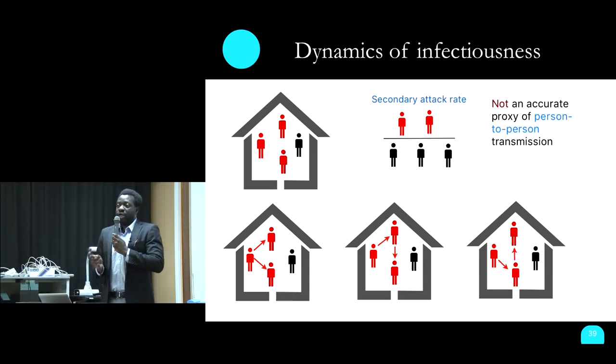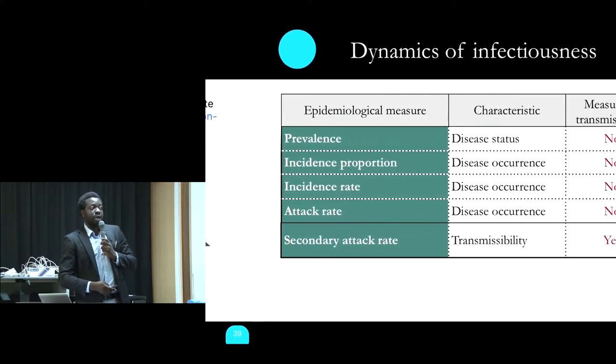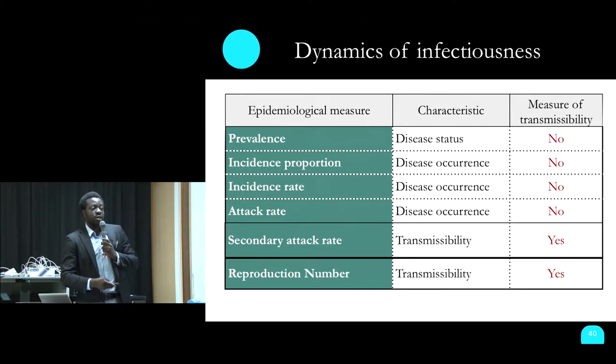So we don't really know exactly how person-to-person transmission happens when we just look at the secondary attack rate. So for person-to-person transmission, the best measure is what we call the reproduction number. It's a measure of transmissibility, and it also gives us a very good picture of how transmission from person to person happens.